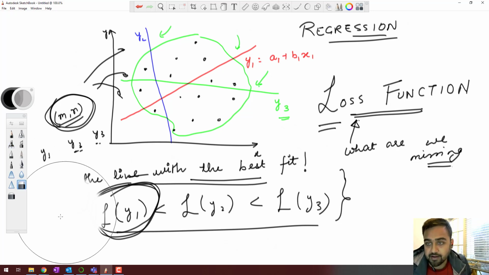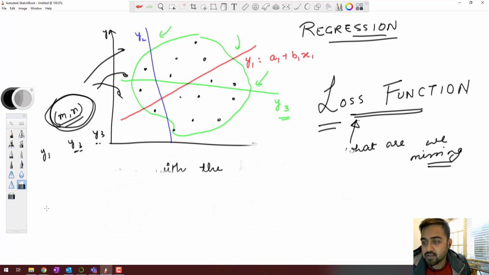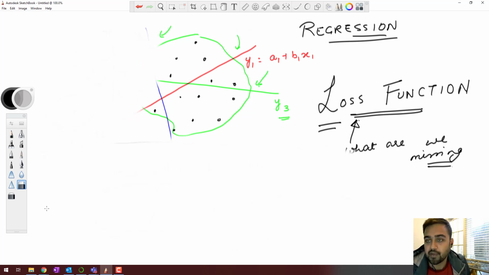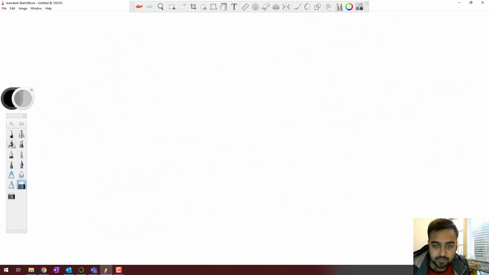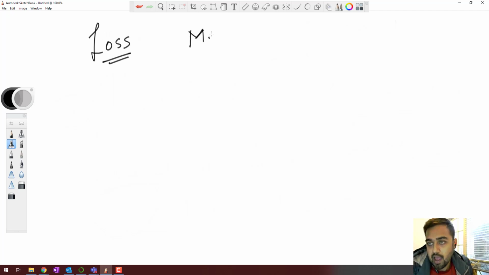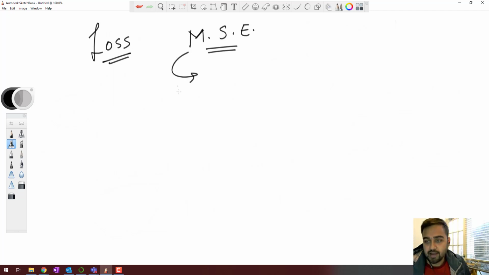In order to find the best fit, we take the help of a loss function, right? In regression, we basically use mean squared error, right? What a mean squared error does is, so for loss, we use MSE, right? What is mean squared error? Let's say y1 was a plus b x1, right?